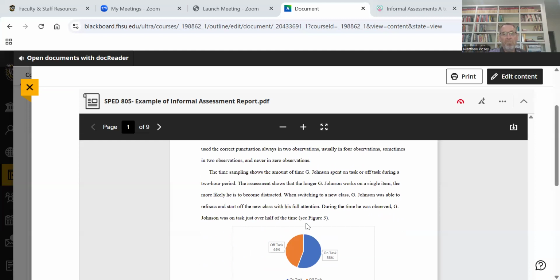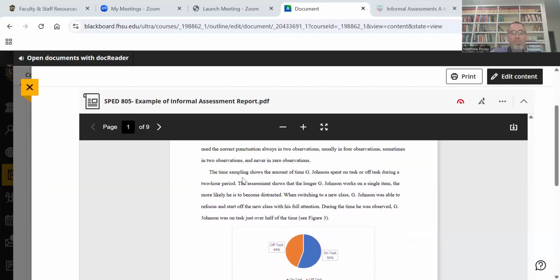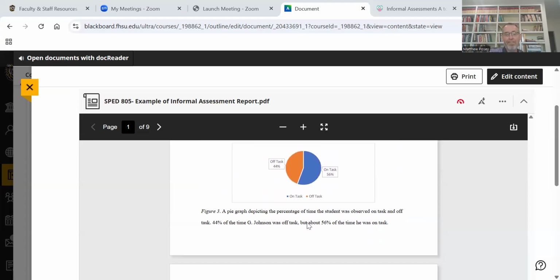For the third informal assessment, they used a pie graph. This was a time sampling that showed the amount of time their student spent on task or off task during a 2-hour period. So you can see 44% of the time the student was off task, and 56% of the time they were on task.